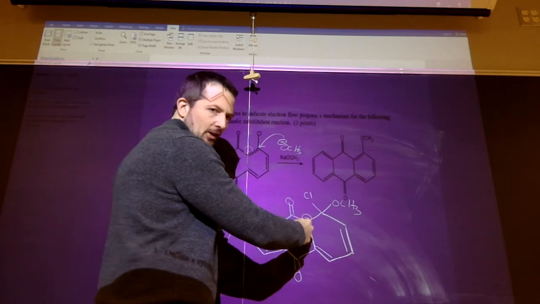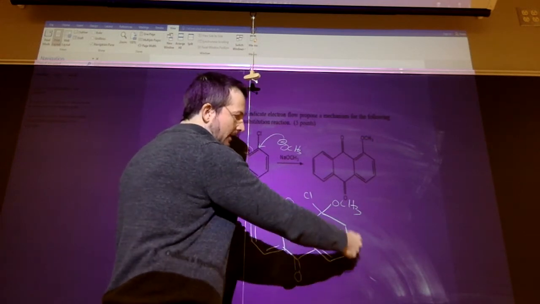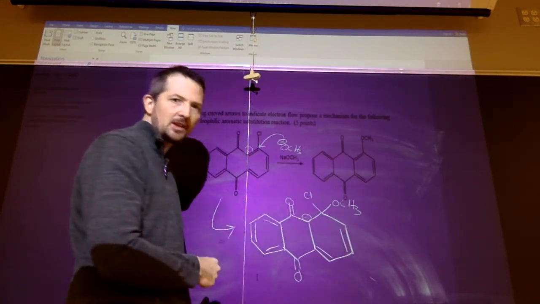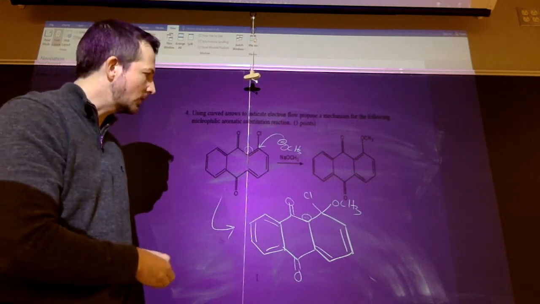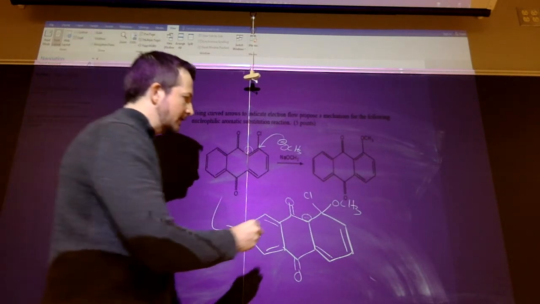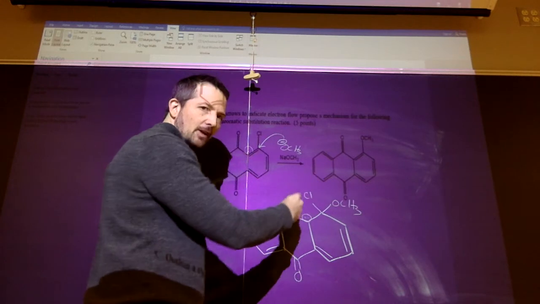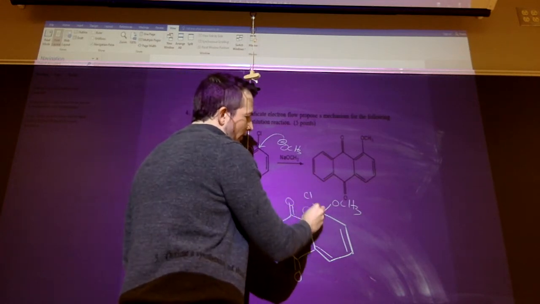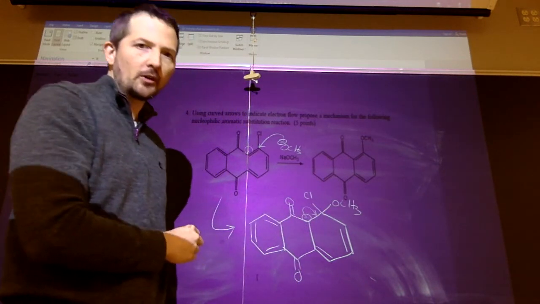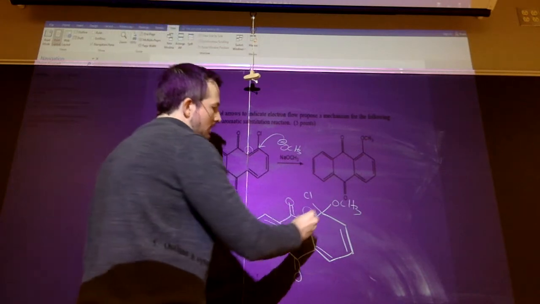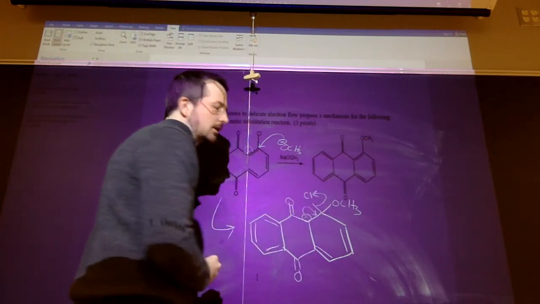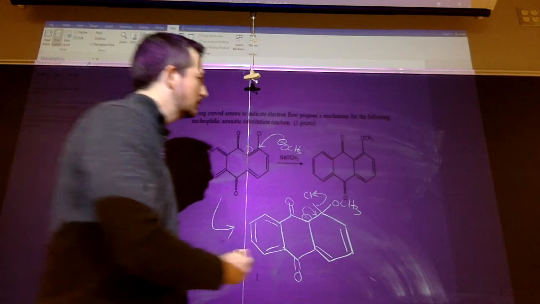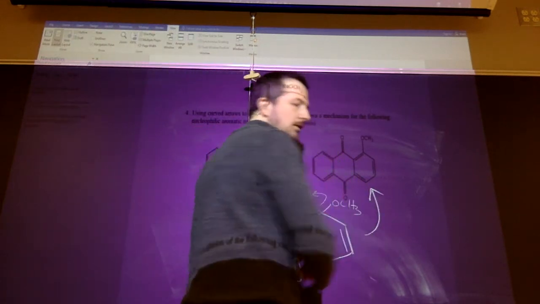Stabilized through resonance. I could move the minus charge on down into the ring, or I can move up here with the carbonyl, stabilize it that way. So that's my Meisenheimer complex. Then to get my final product, those electrons reform the double bond, so I regain my aromaticity there. Kick off the leaving group. Get the product.